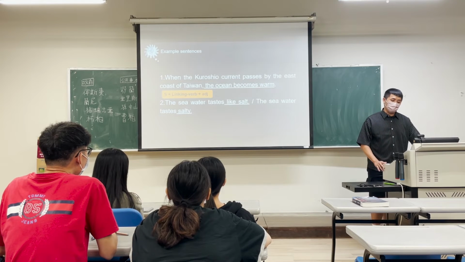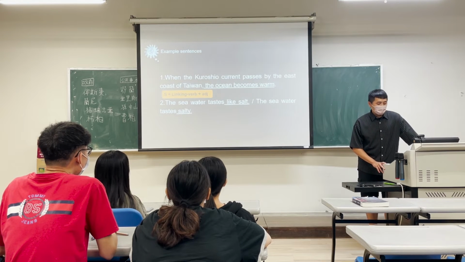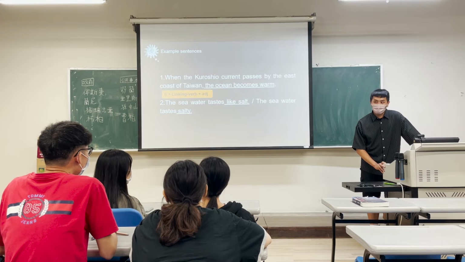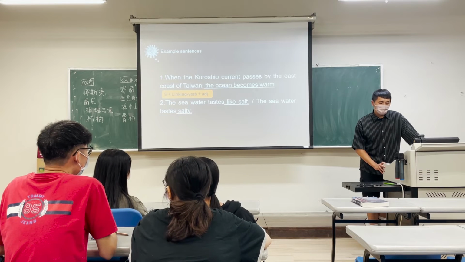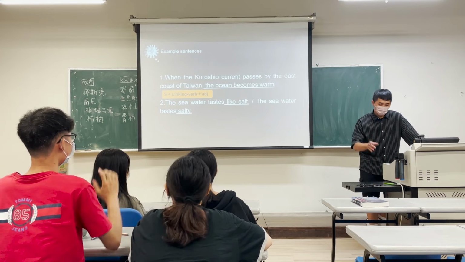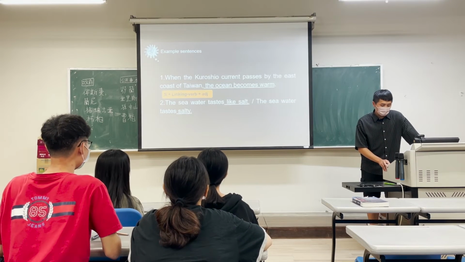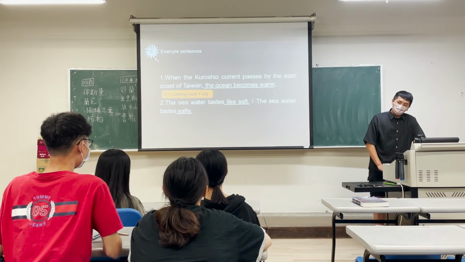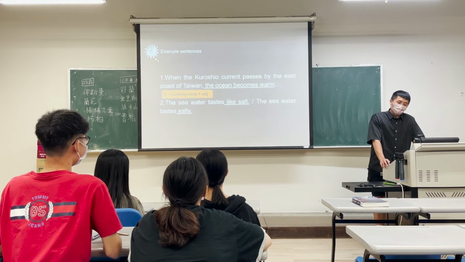What about the next sentence? The seawater tastes like salt. Anyone? Can anyone see any patterns inside the sentence? The seawater tastes like salt. Yes. It is a noun. Yes, the seawater is a noun, right? So it's a subject and a verb, taste, right? Yes.